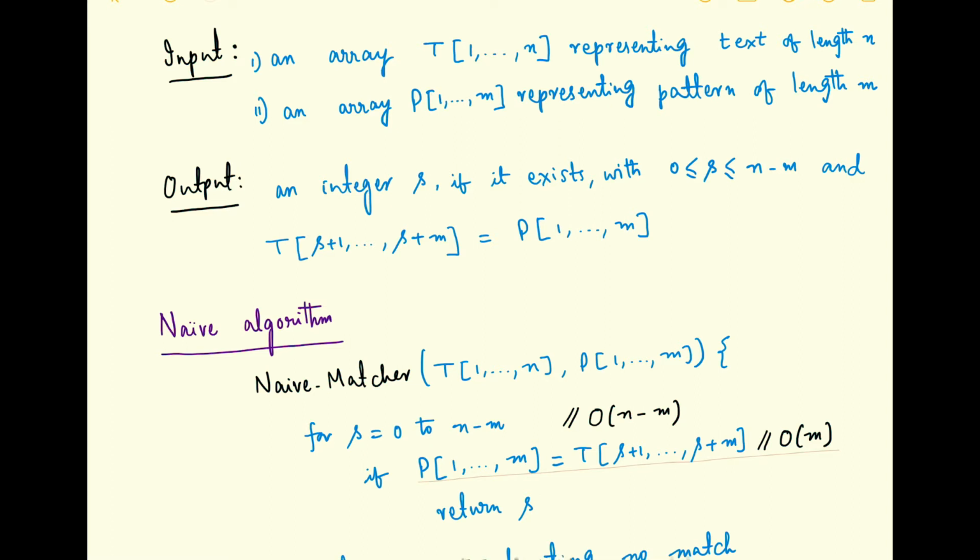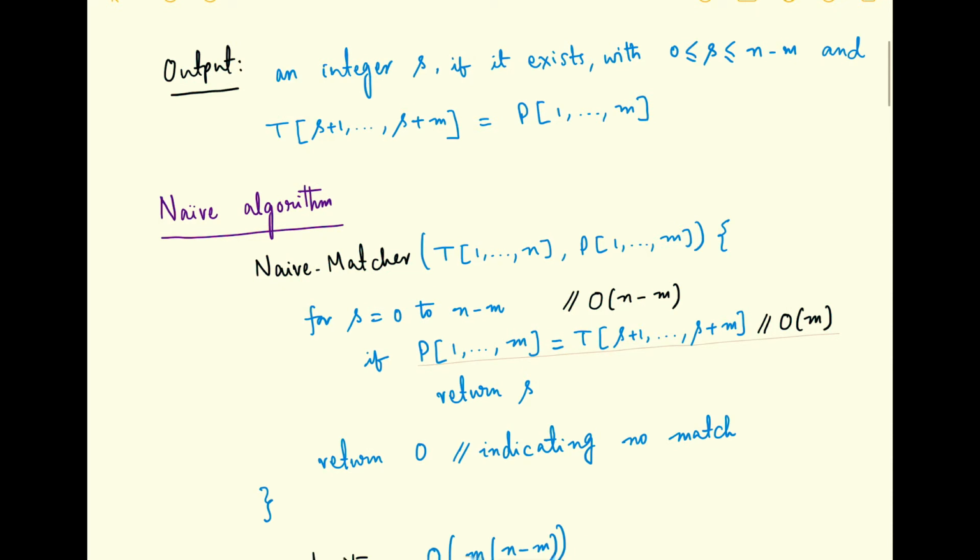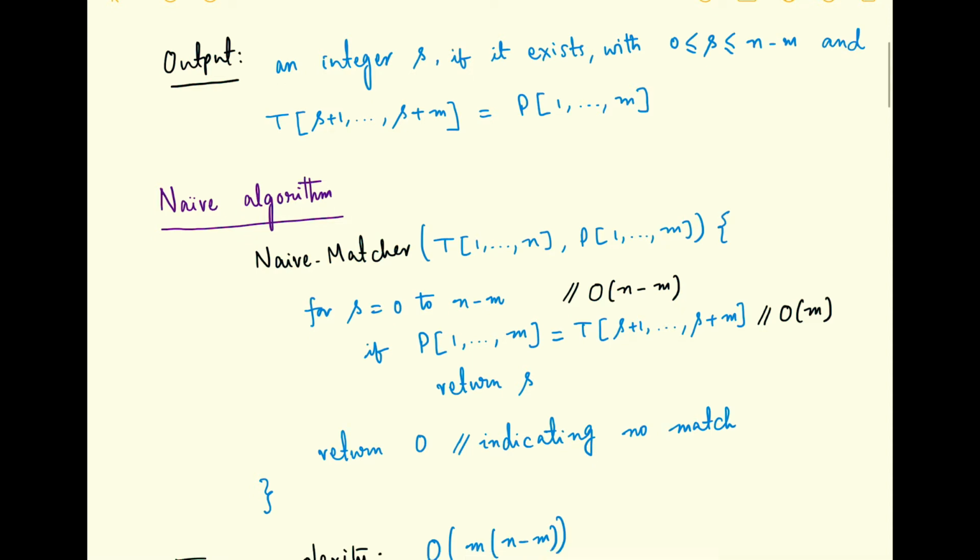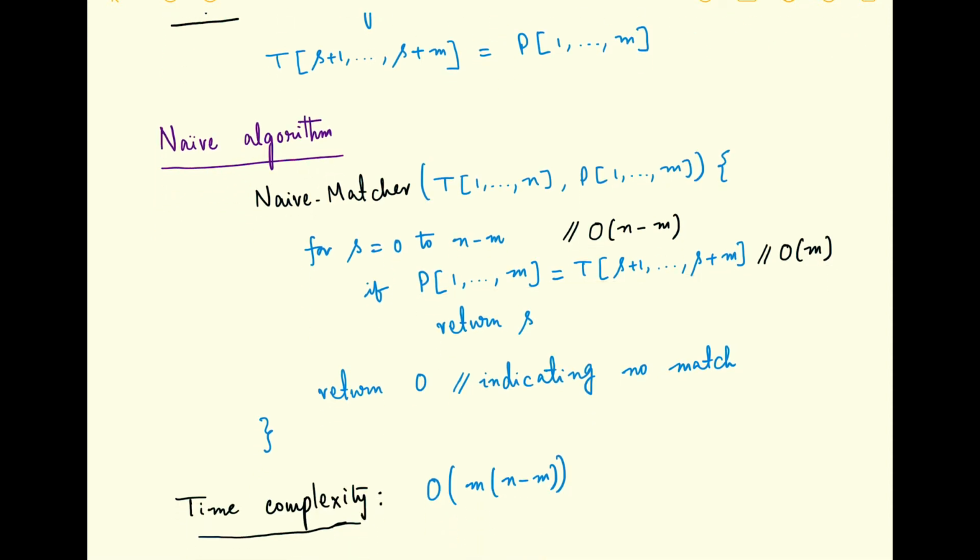Okay, so we will follow our usual algorithm design technique. Whenever we are presented a problem, we will first look at the most obvious algorithm. Here the most obvious algorithm that one may think of, let's call it naive matcher, simply tries all possible S and tries to match the m length pattern in the text from S plus 1.